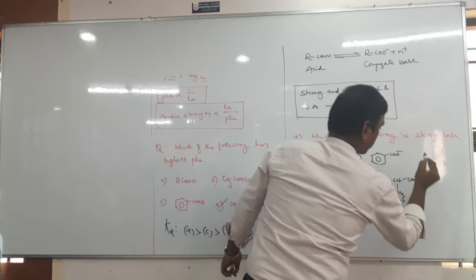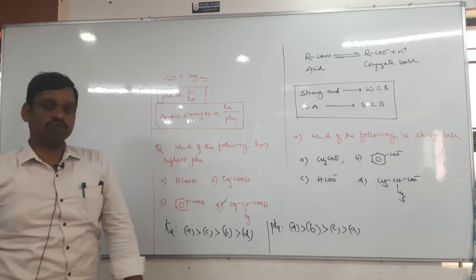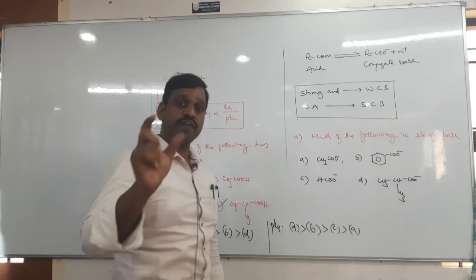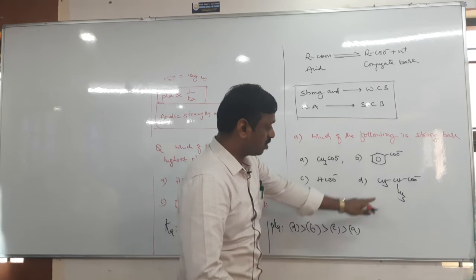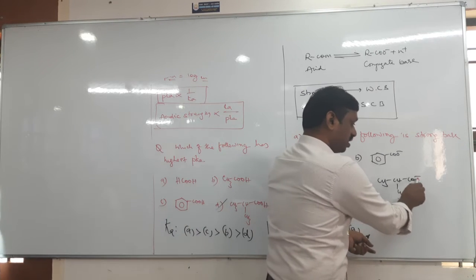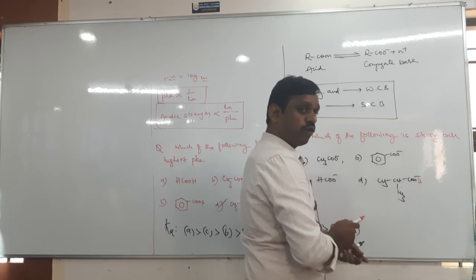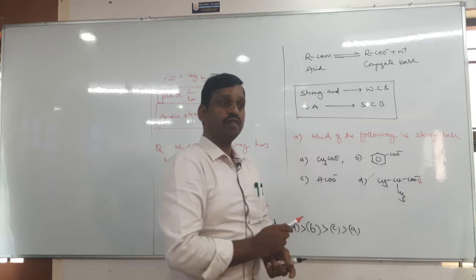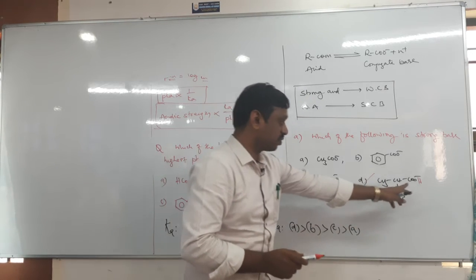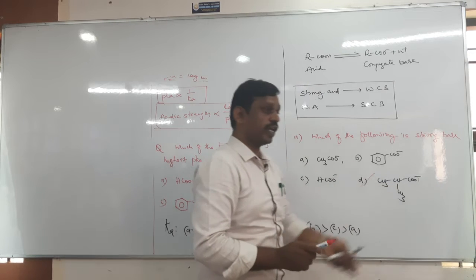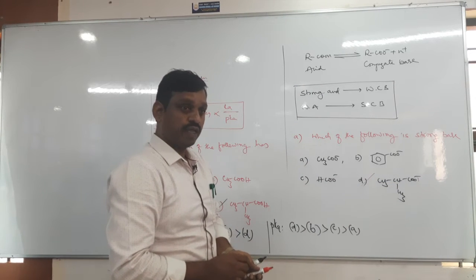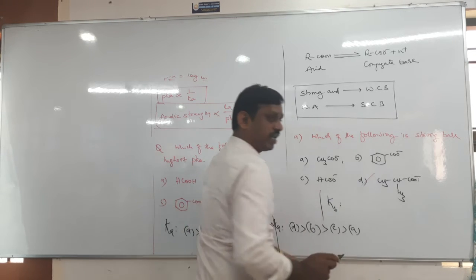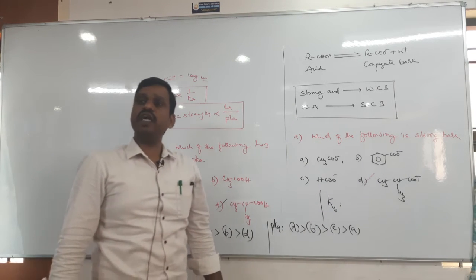Tell me, which of the following is the strongest conjugate base? The strongest conjugate base must be formed from the weakest acid. Which is the weakest acid? So this acid is the weakest acid, right? Therefore the weakest acid always gives the strongest base. Therefore D is the weakest acid, and its base is the strongest conjugate base. Now basic nature can be denoted by Kb, which indicates basic strength.